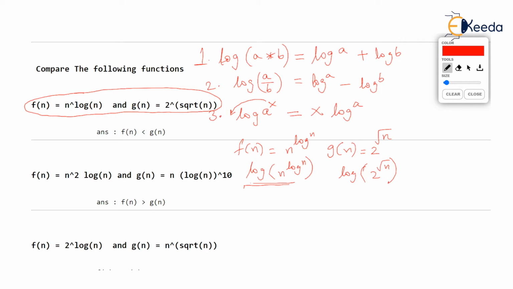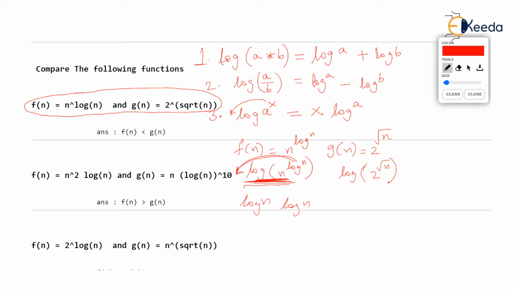So this is log of n raised to log n. The exponent log n comes here, and what is remaining is log n, obviously. So log of f(n) becomes log n times log n.